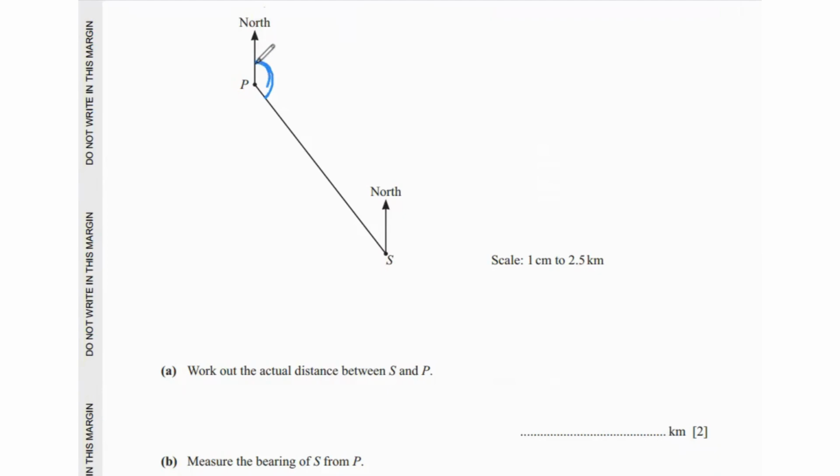So that's why it's this angle and not this one. This is going to be more than 90 because it's an obtuse angle. So you will take the protractor, measure it using that, and then give the answer. You cannot guess the value because they're not asking you to estimate it. They want the exact measurement. It says measure the bearing. So you have to use a protractor for this. No assumptions over here.